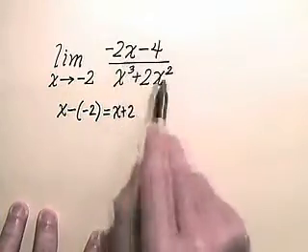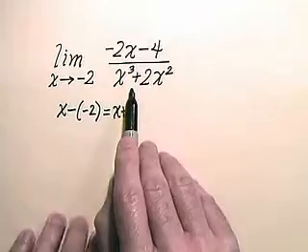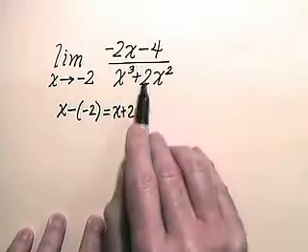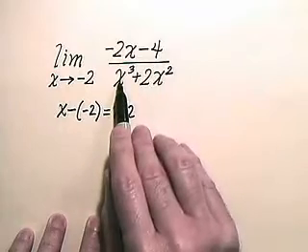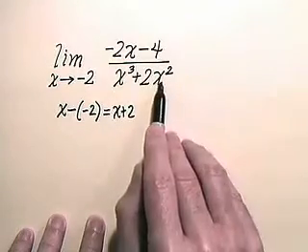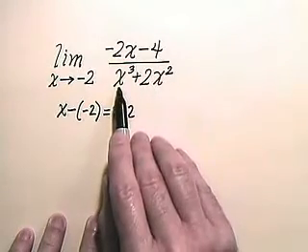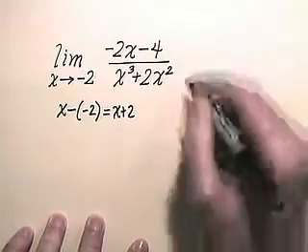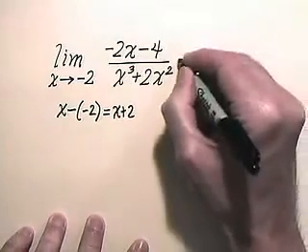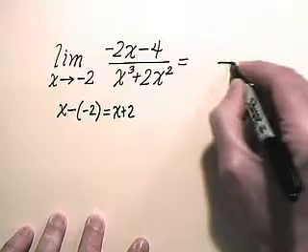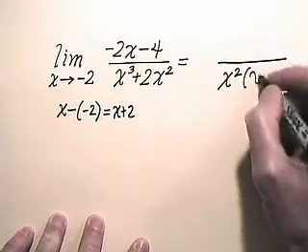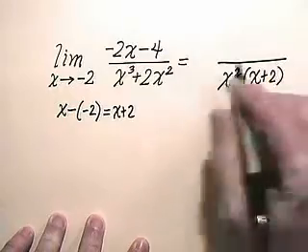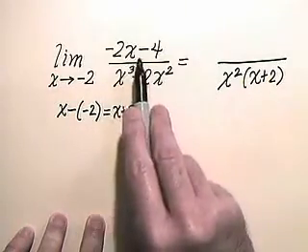We see instantly x squared is a common factor, so we pull that out. We have x squared times the quantity x plus 2. And in the numerator, let's factor out our -2. We have -2 times the quantity x plus 2.